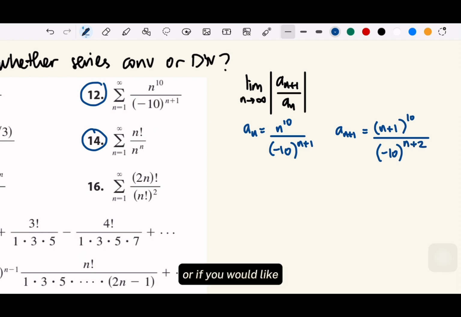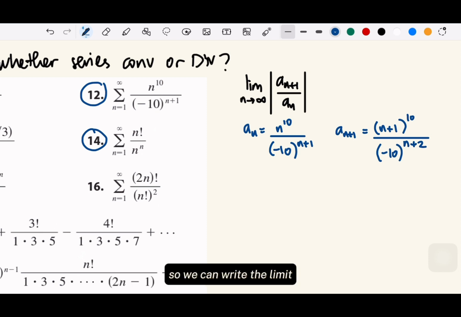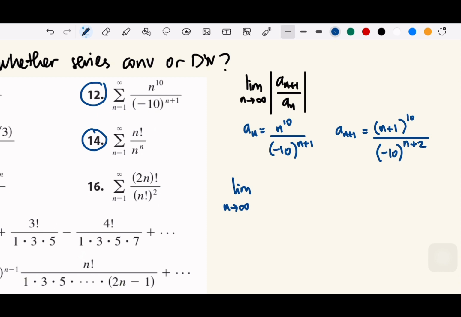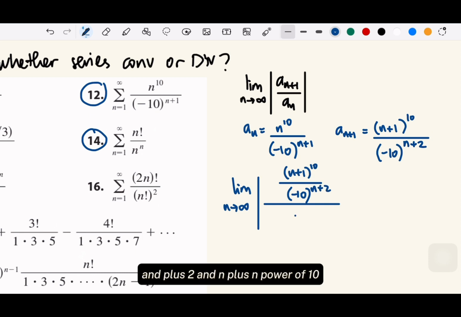Or if you would like, you could directly write in terms of limit and change all a_{n+1} and a_n with these terms. So we can write the limit of n plus 1 with power of 10, and then negative 10 with power n plus 2, and n with power 10. Let me write this first.